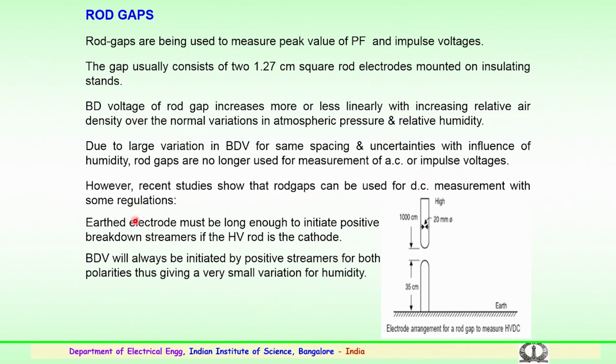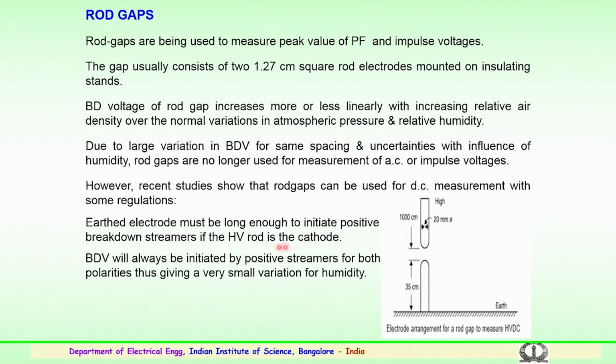However, recent studies show that rod gaps could be used for DC measurement with some regulations, and a lot of experiments are being conducted towards the use of rod gaps for DC measurement.